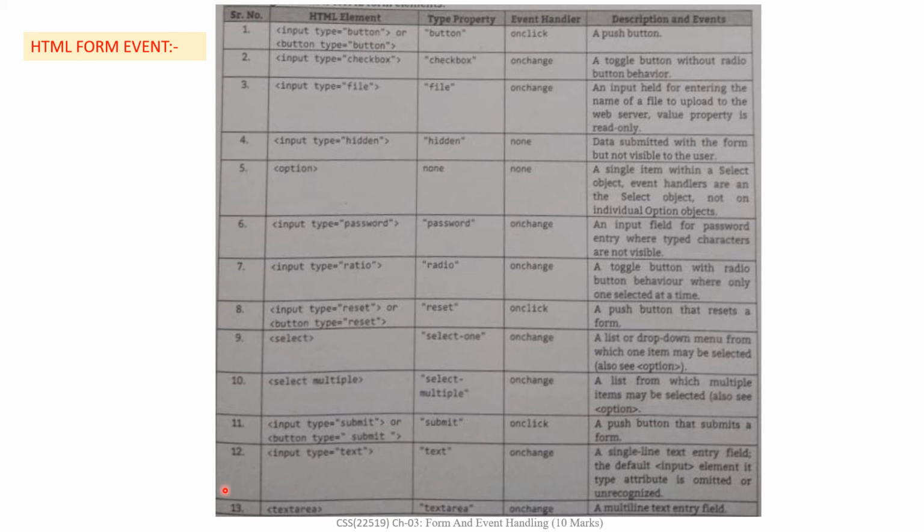Then textarea. The property is textarea, and this is onchange. It is a multi-line text entry field like address, comments or feedback about something. These are the HTML form events.